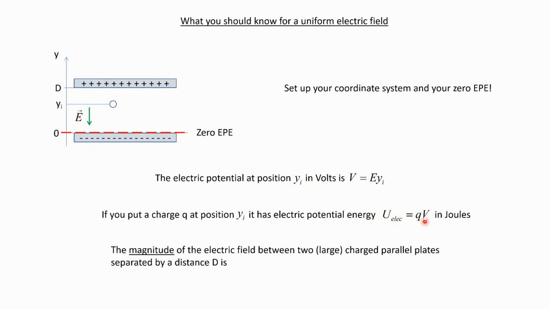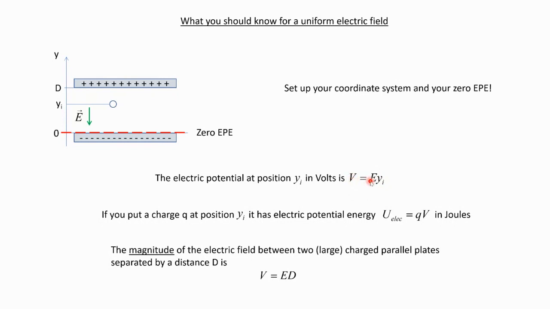Okay, so this formula, sometimes you see with little deltas in front of the U and in front of the V. So you could say that the magnitude of the electric field between two large charged parallel plates that are separated by a distance capital D, as you can see here by the coordinate system, using this formula, you can relate the voltage across the two plates and the electric field.